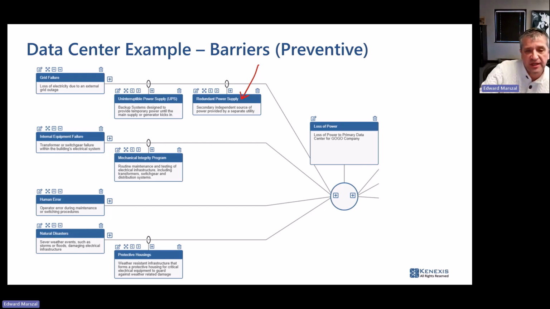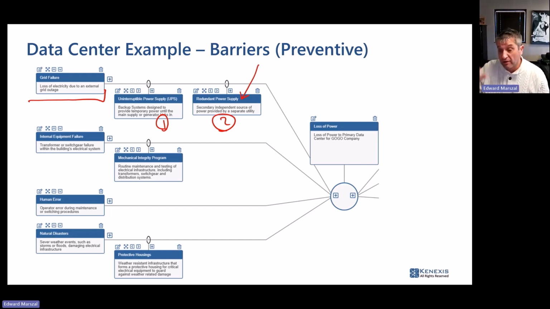So what you'll notice here is that each threat has its own set of as many as you want. You can put in an infinite number of preventive barriers, and the preventive barriers are tied to specific threats. So this uninterruptible power supply is a barrier against grid failure, but it's not a barrier against human failure. There are no barriers against human failure. If the technician flips the power off, the power is off.